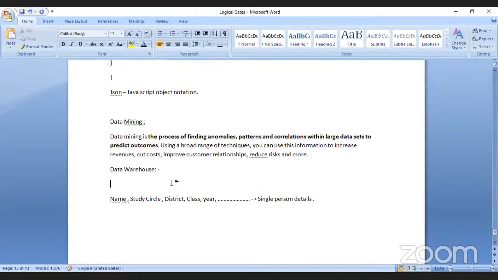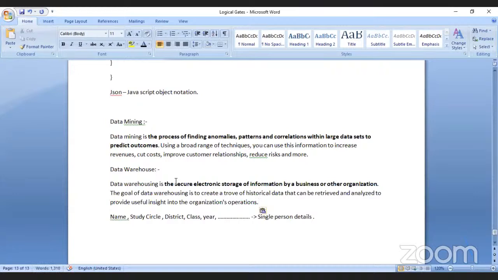Here I'm giving a definition for data warehouse. A data warehouse is a secure electronic storage of information by a business or organization. The goal of a data warehouse is creating our historical data.